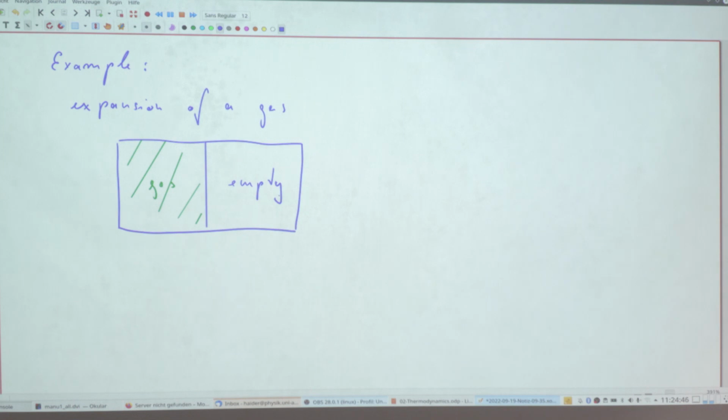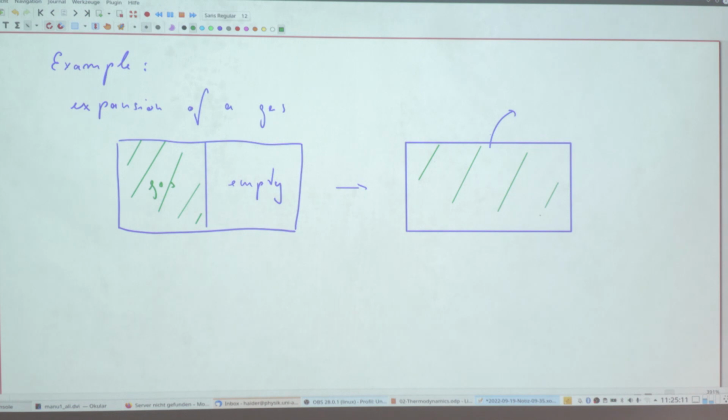And then we open this barrier in between and let the gas expand into the whole volume.